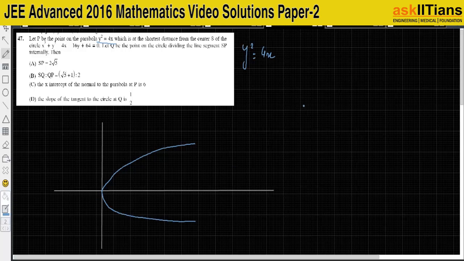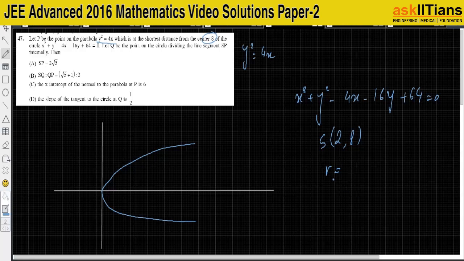Okay, and the circle is x square plus y square minus 4x minus 16y plus 64 equal to 0. So center of this circle is 2, 8, that is minus g comma minus f. So this is the center, and let me say this is S. Because the center is S of the circle. And what will be the radius?